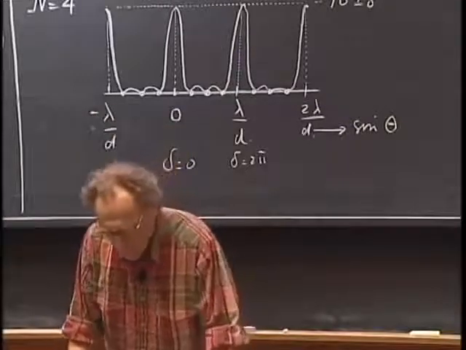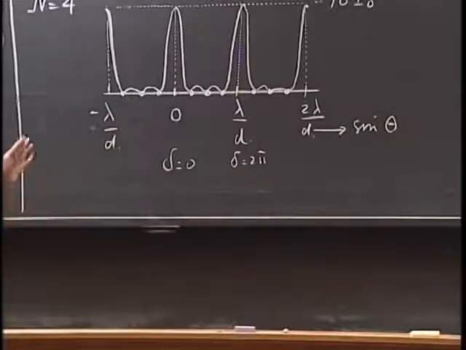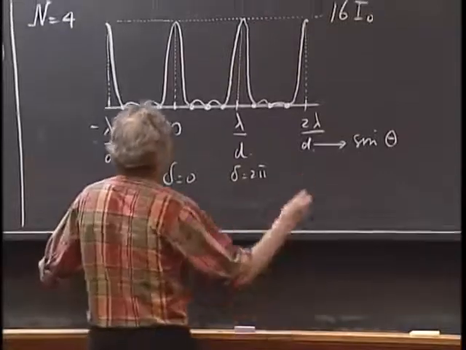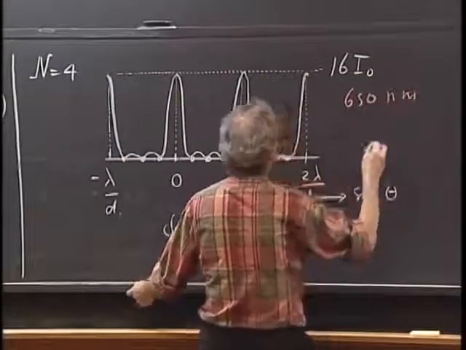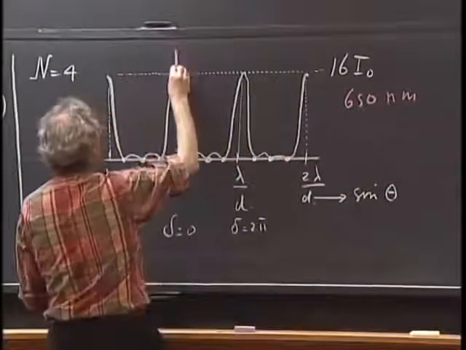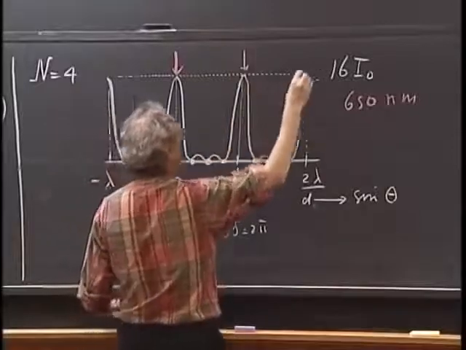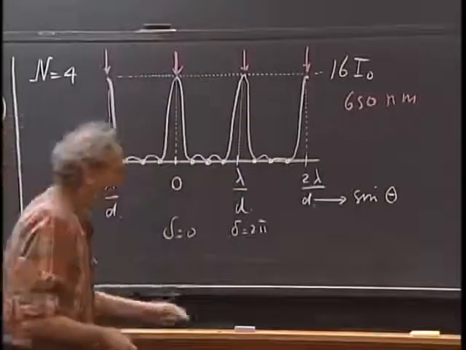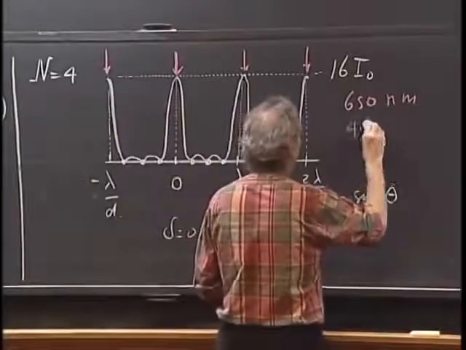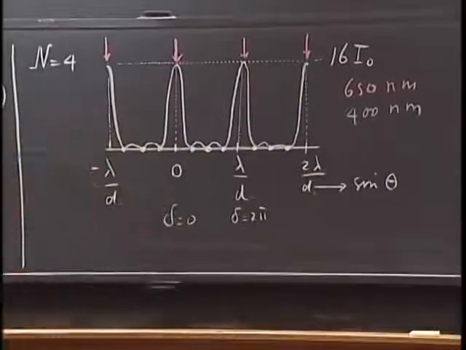I first want to draw your attention to the fact that there is a wavelength dependence in lambda. What that means is that if you take 650 nanometers, which is red, the red would have a maximum here, here, here, and there. But if now you have 400 nanometers, which is violet light, it would have maxima at different locations.